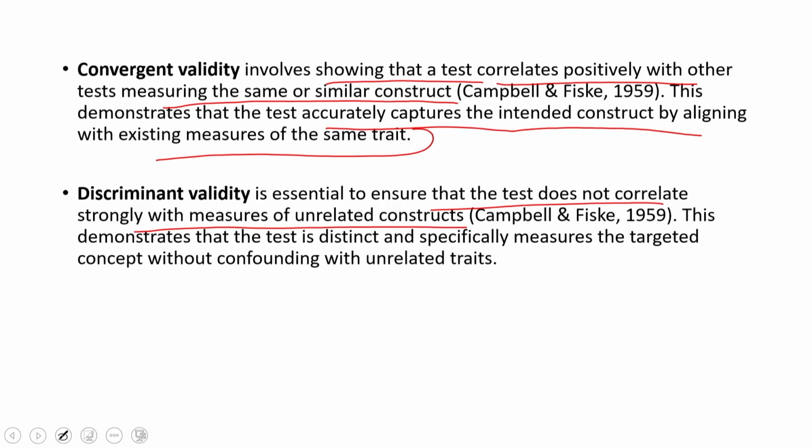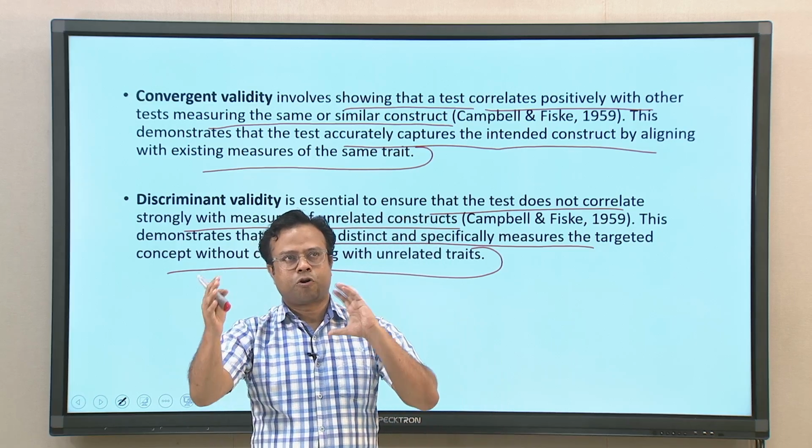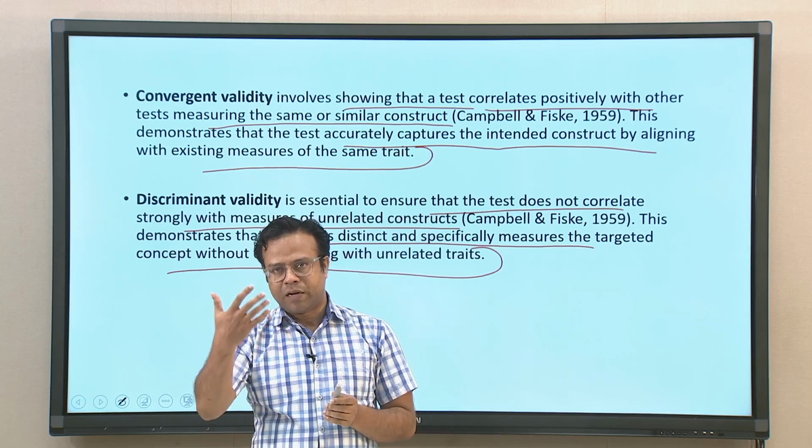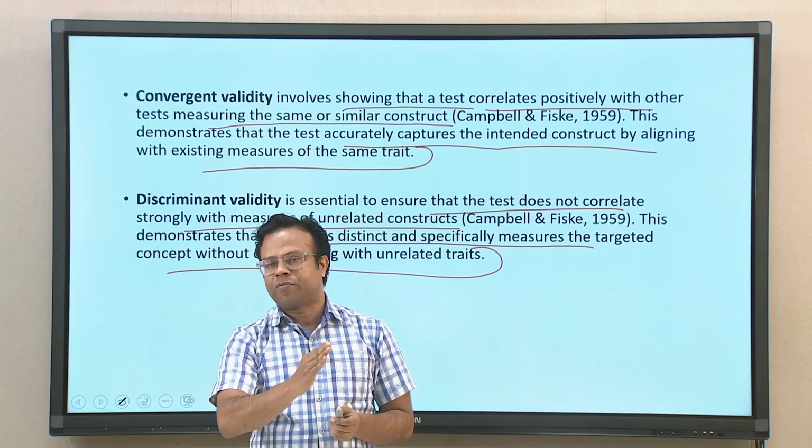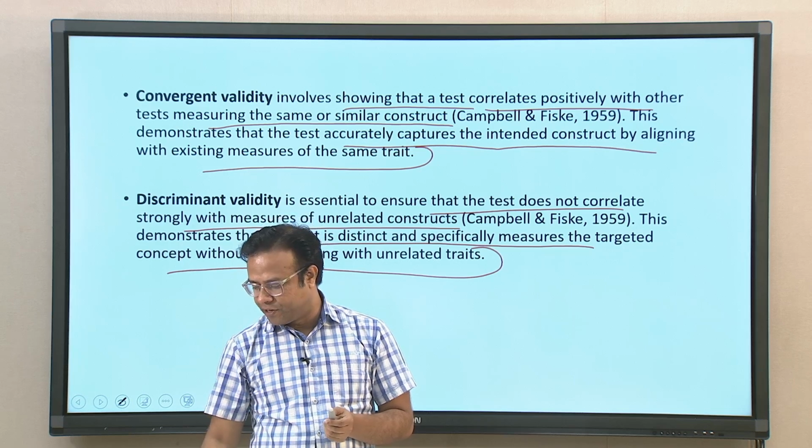So, this is how empirically you can find correlations, and how you can establish construct validity. This demonstrates that a test distinguishes and specifically measures the targeted concept without confounding with unrelated traits. This is how one can empirically test construct validity using the concepts of convergent validity and discriminant validity.